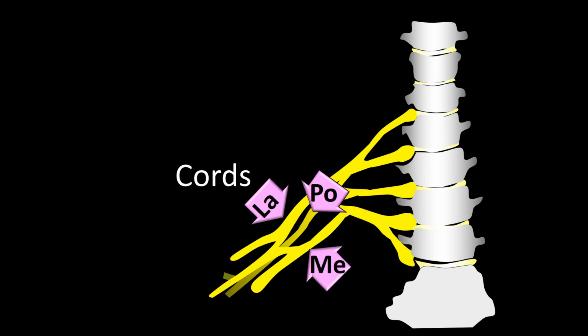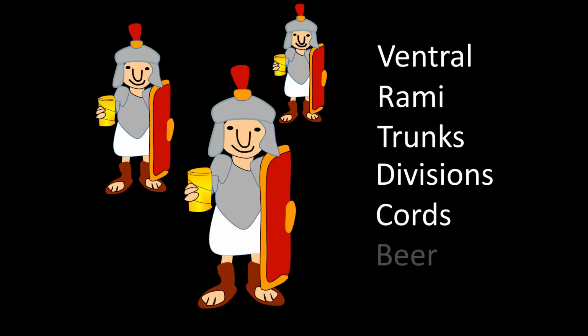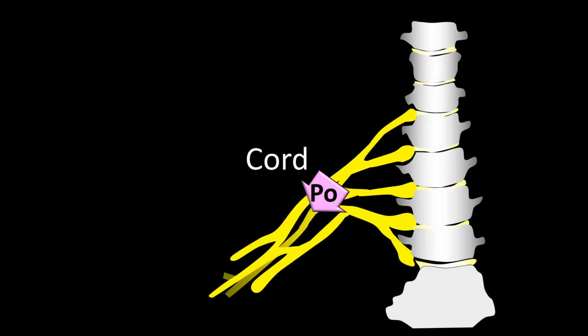So there are three cords: the lateral, posterior, and medial cords. The next word is beer. I use the B to remind me of branches.